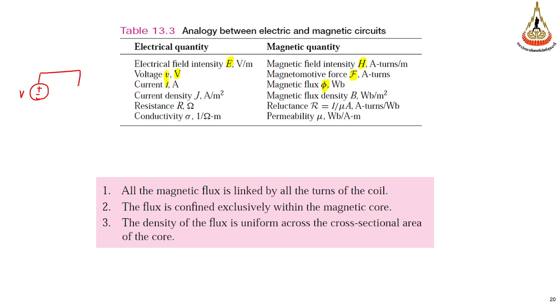V, what is V? V is I into R, right? And for a magnetic circuit, the magnetomotive force is F. This is the magnetomotive force, and the flow is the flux.